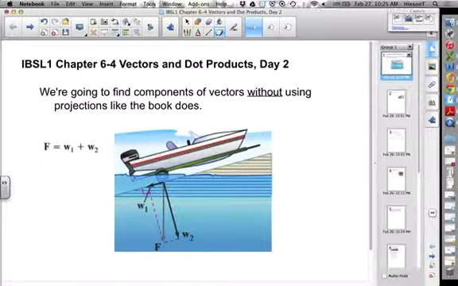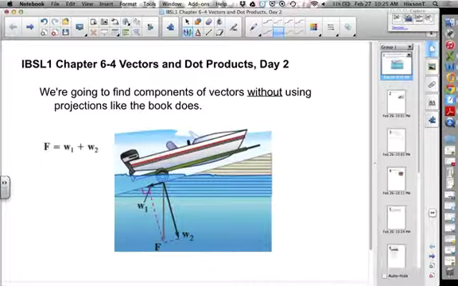Personally, I think that kind of overcomplicates things. We're going to end up doing a lot of the similar mathematics, but just keep it in simpler terms. Basically, we're going to find components of vectors without using the projections like the book does. So let's look real quickly here at the diagram.